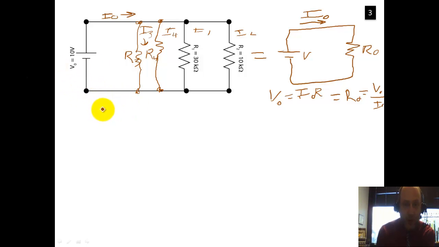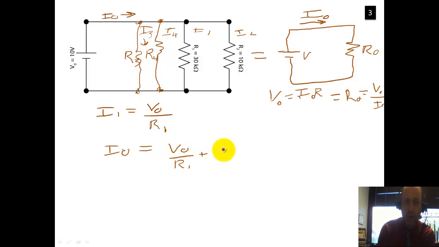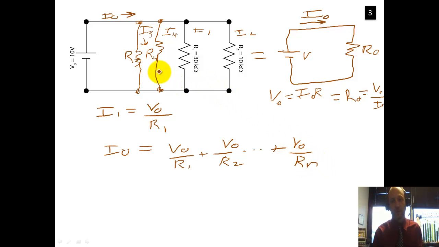We know I1 equals V naught divided by R1, and that just goes on and on. So, in general, I naught is going to equal I1 plus I2 plus I3, so it's V naught divided by R1 plus V naught divided by R2, and on, so we've got V naught divided by Rn, where n would be 4 in the case I've drawn here.